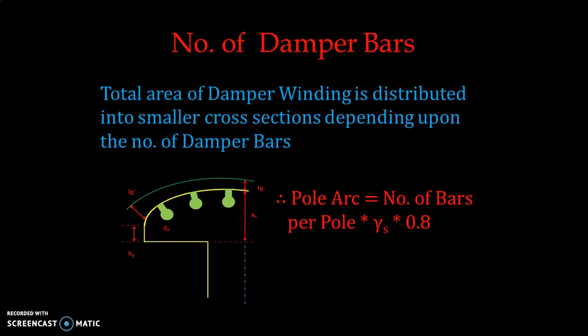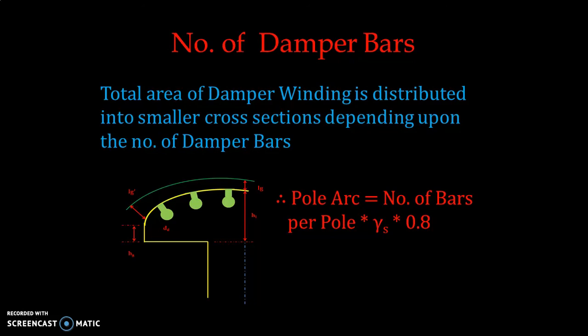But for practical purposes, to reduce the current induced in the damper bar because of tooth ripples, we take 20% higher or 20% less slot pitch for the damper bar compared to the stator slot pitch. So here we have taken 80% of the stator slot pitch.